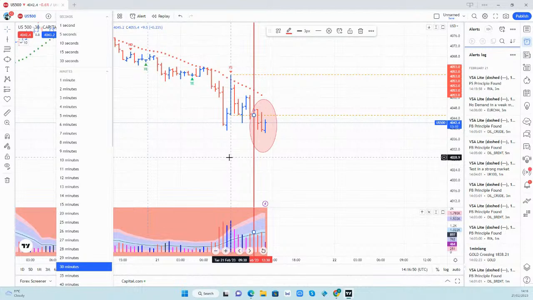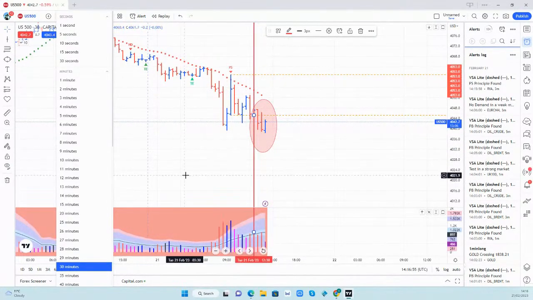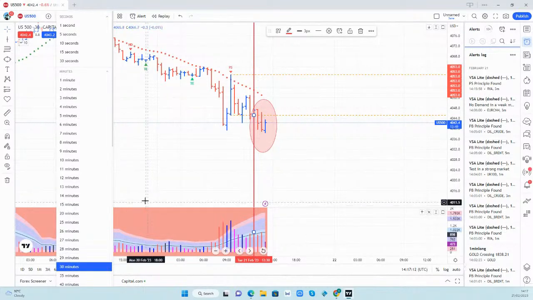Nevertheless, I still will be looking for shorting this trade if I get a no demand in my own chart, and or if I get multiple no demands appearing in the multiple time frames from 15 minutes. Because I'm doing the 30 minutes chart, I usually look at 15 minutes to 30 minutes and make the decision.